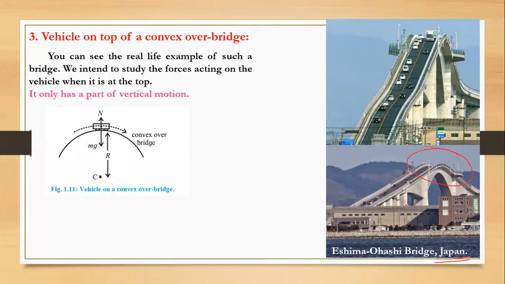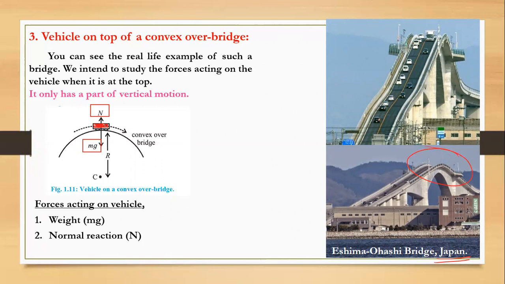So when this vehicle is at the top of the bridge, then the forces acting on the vehicle are: the first force is always weight, which is in the downward direction, and the second force is the normal reaction, which is exerted by the surface of the bridge. So two forces, this weight and the second one the normal reaction.